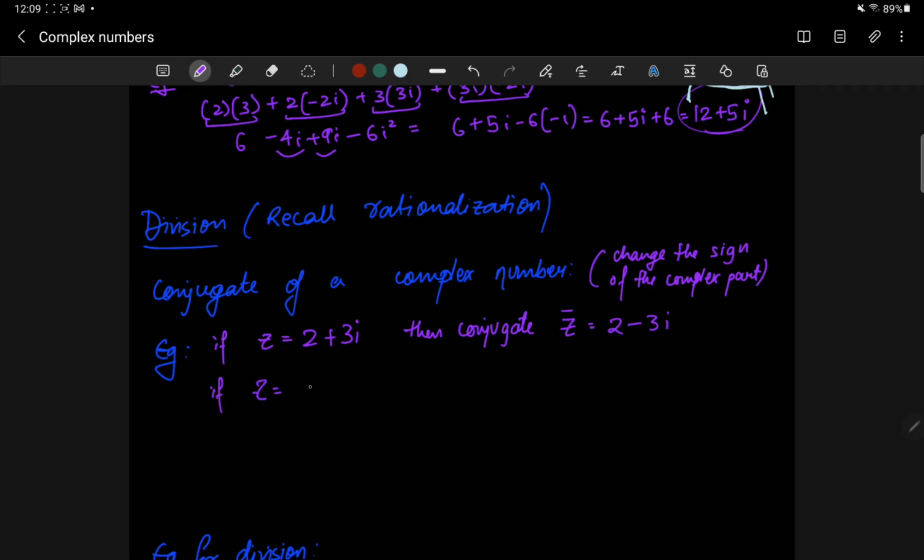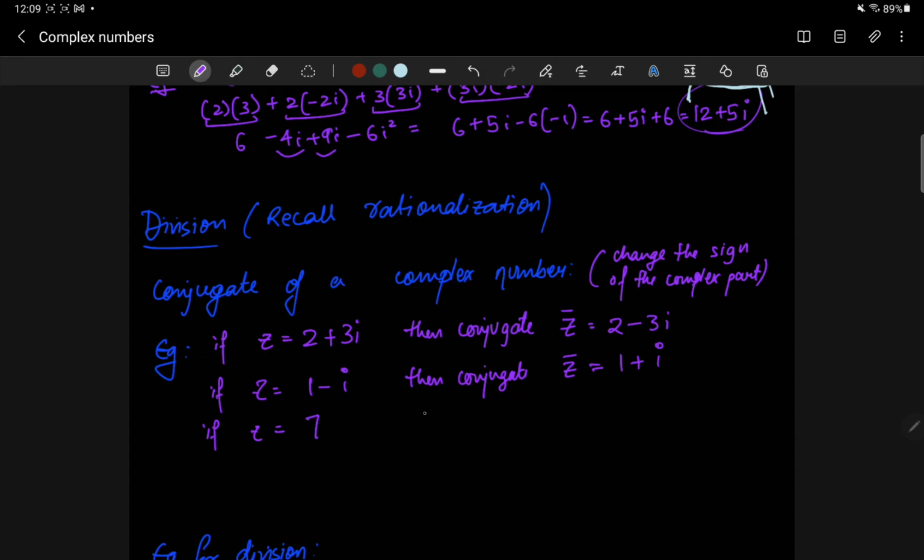Similarly, if z were 1 minus i, then the conjugate, which is again written with a bar on top, would be 1 plus i. So notice it's the exact same numbers, exact same real part, but the complex part is switched. So the sign is switched. Positive becomes negative, negative becomes positive.